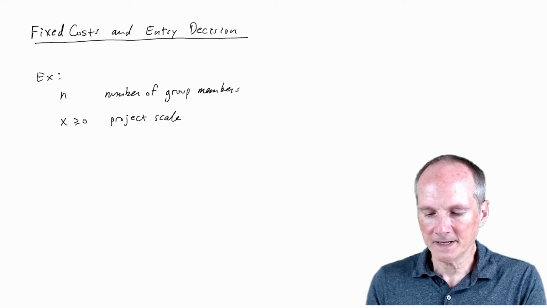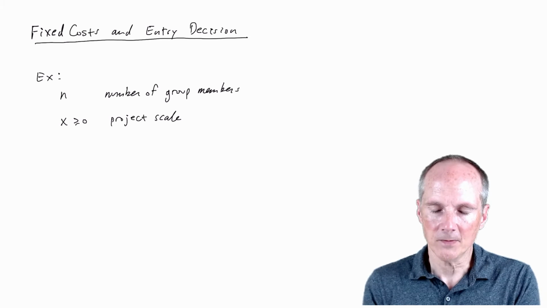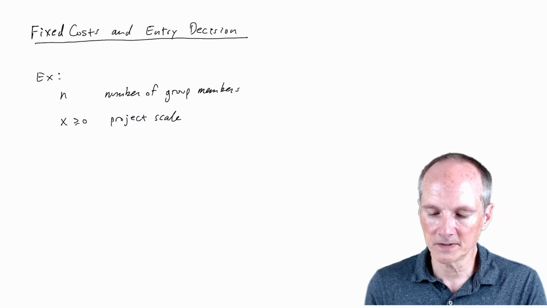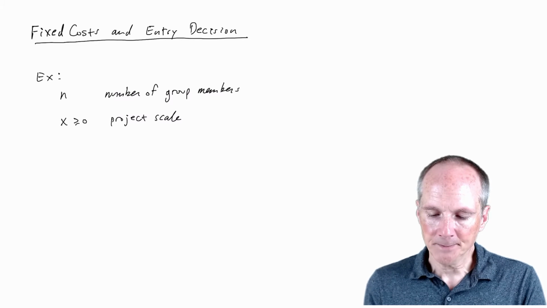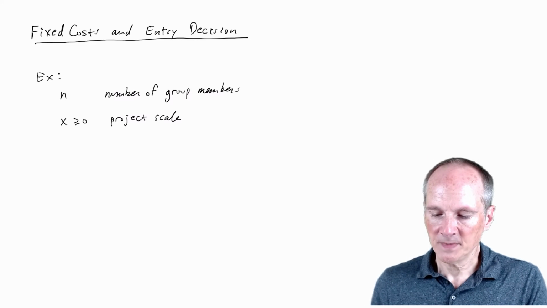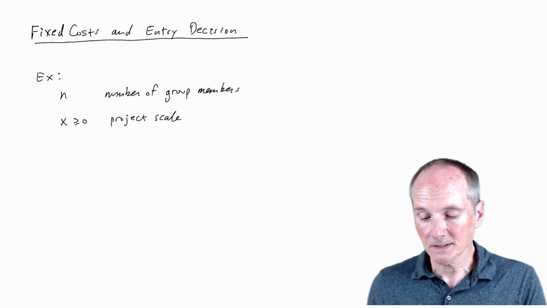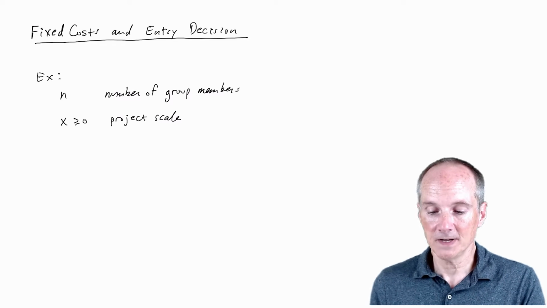But I don't want to just write down a benefit and cost function. I want to think about a problem with more structure that's kind of interesting, I think. So this decision maker or planner has to choose a project scale, but you can't just snap your fingers and it appears. That has to come from somewhere.